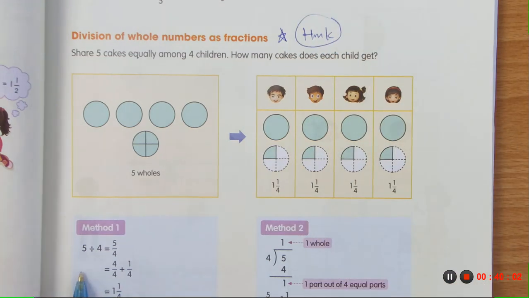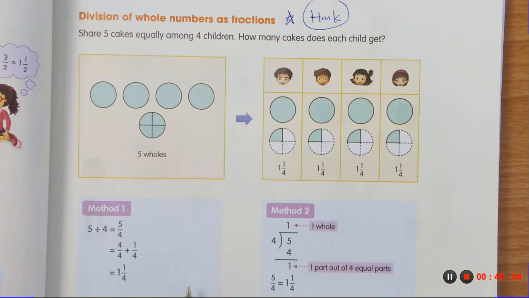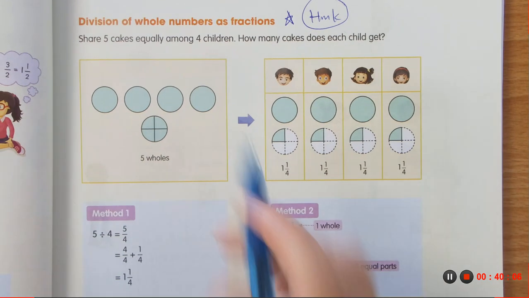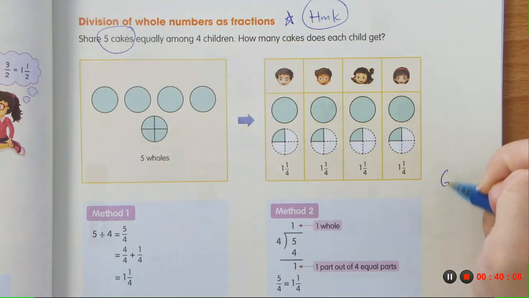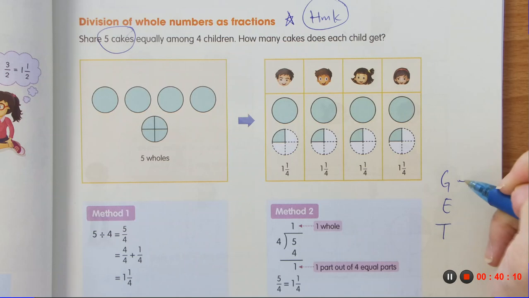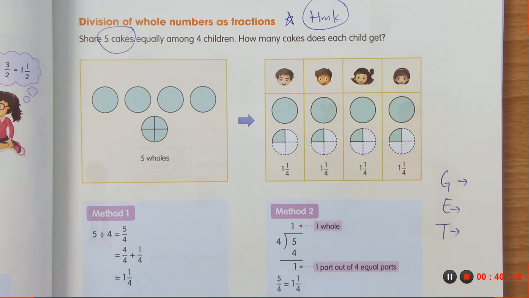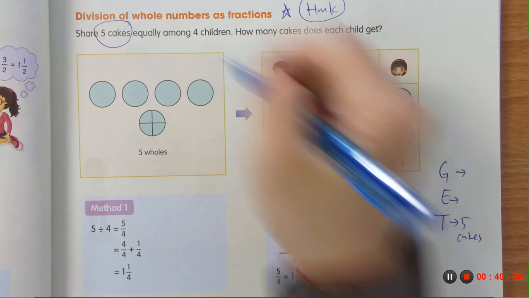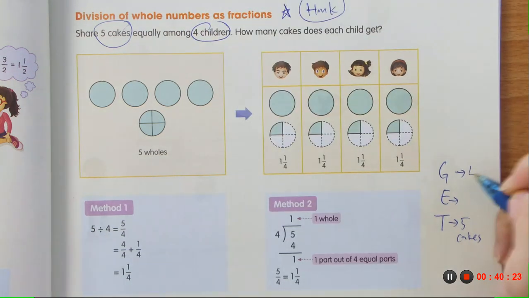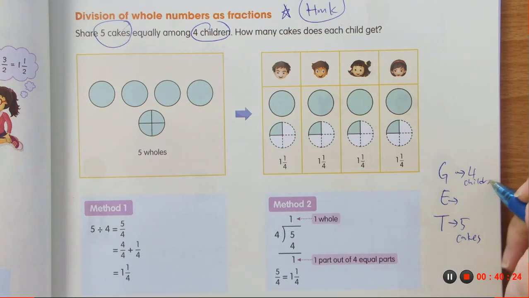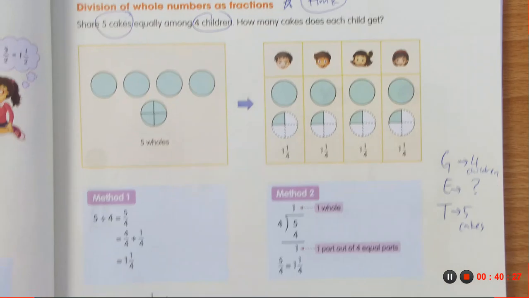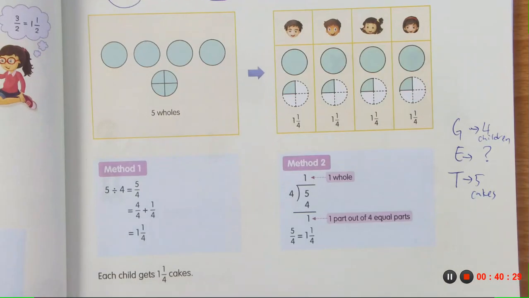See the difference in the methods? What is the story talking about? Write down the GET again. How many cakes are there? And how many people are sharing the cake? And then it's a division.